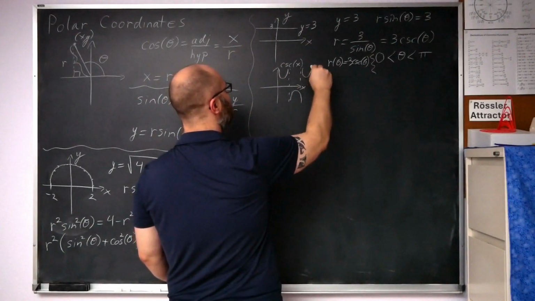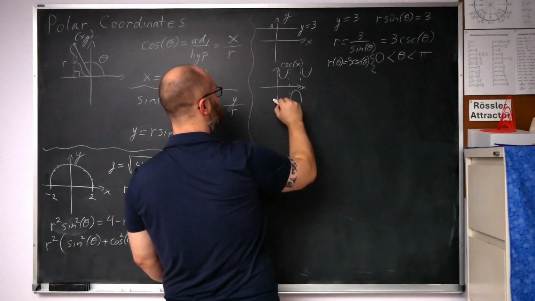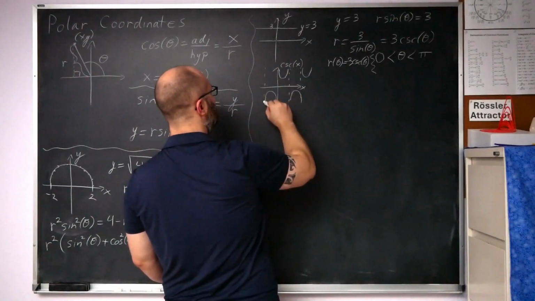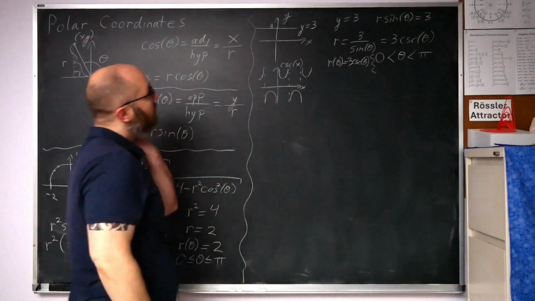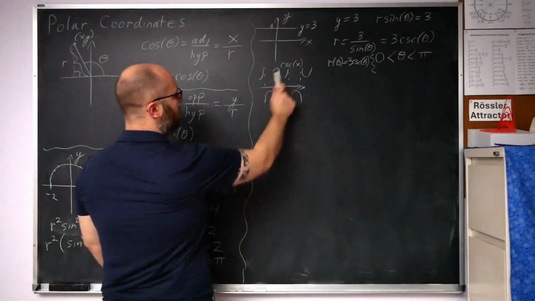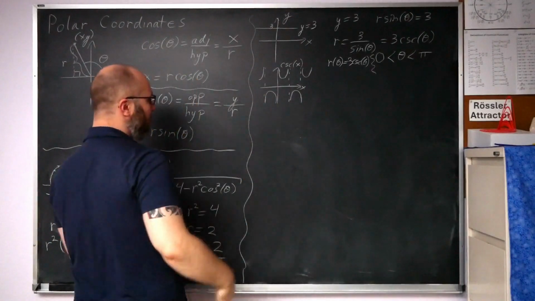All right, and then it keeps going. It's horizontal, sorry, vertical asymptote, again and again. All right, so I got to keep that in mind.